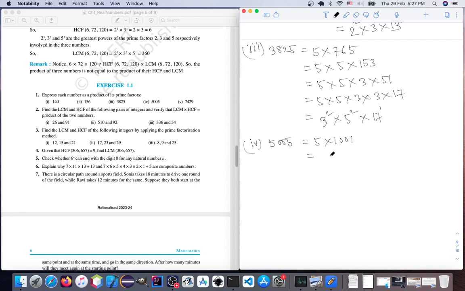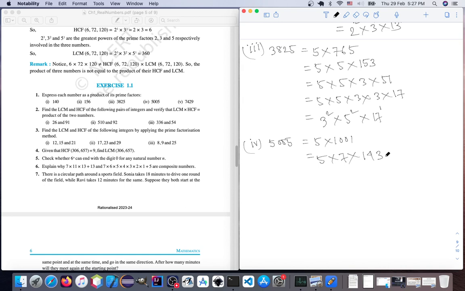No. Is it divisible by 7? Yes, it is divisible by 7, I guess. 7 into 143. So if you multiply 7 and 143, it is 1001. So let me check once again.